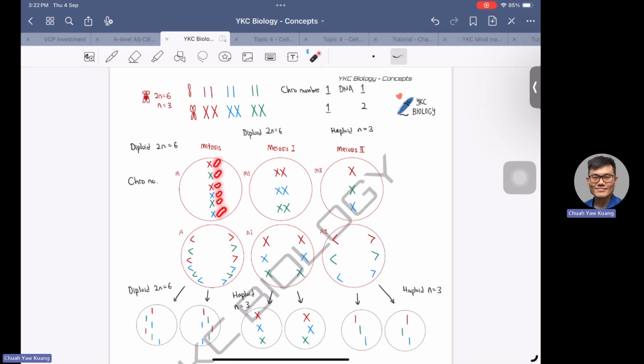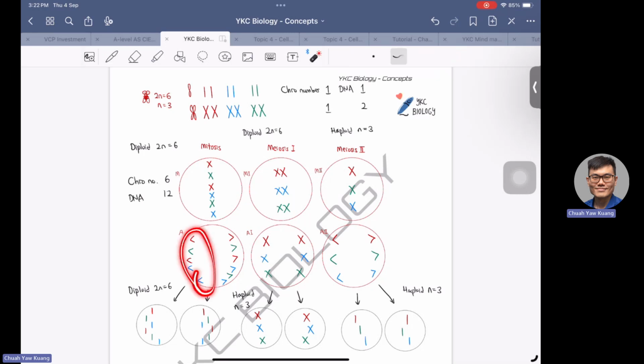There are a total of 6 chromosomes here. How about the DNA content? Each of these chromosomes has 2 DNA molecules. So in total you have 6 times 2, and the DNA content is 12.